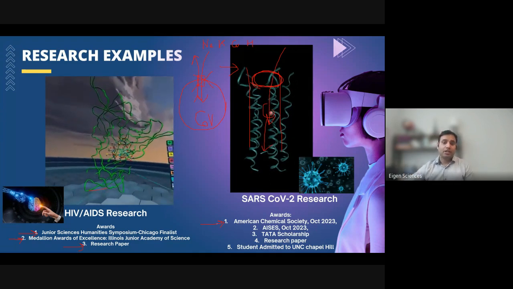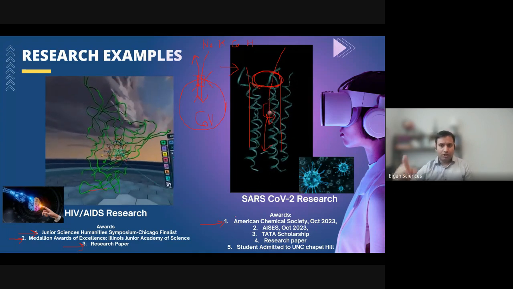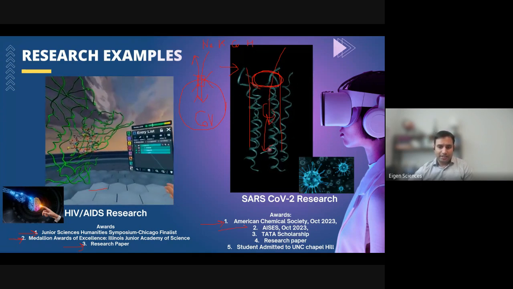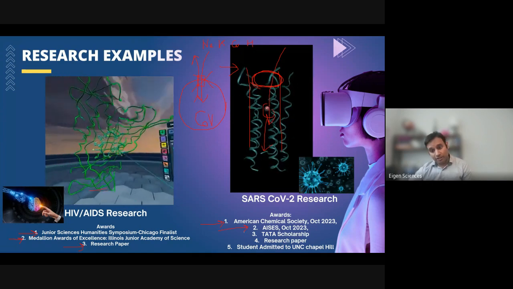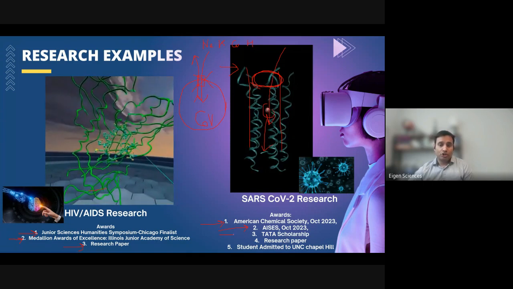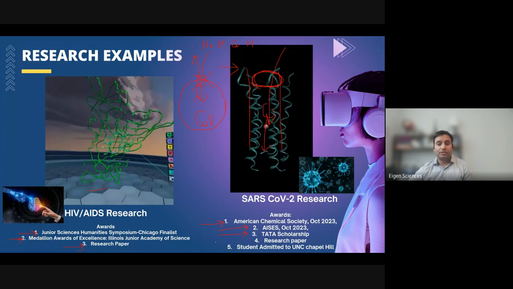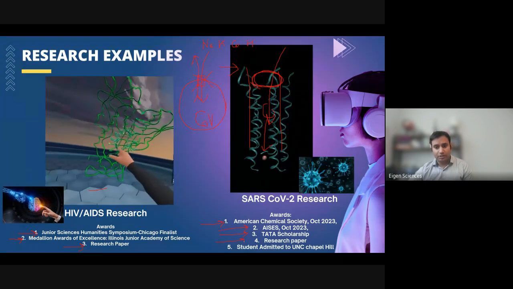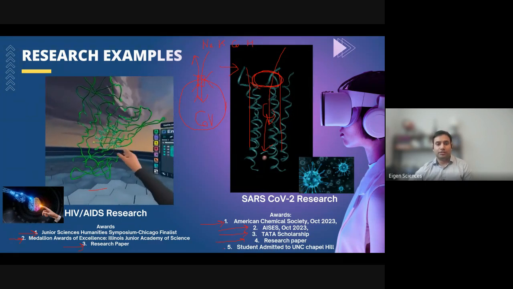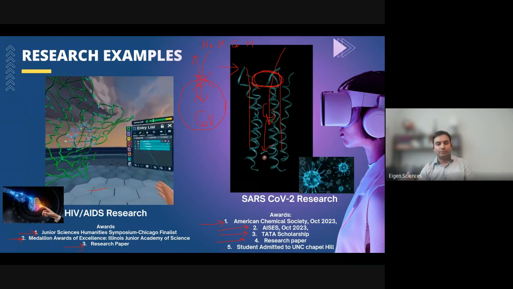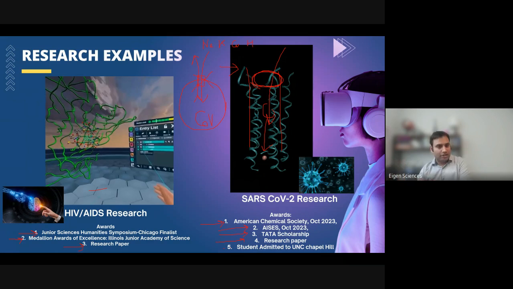She got the best research award, and also a $100 award for this. Then she presented at AISES in Washington State, and she got a Tata scholarship. Only one kid got it in North Carolina, and based on that, she published her research work and was admitted to university. So that's how we work: research, advanced research, competition, and trying to get awards.